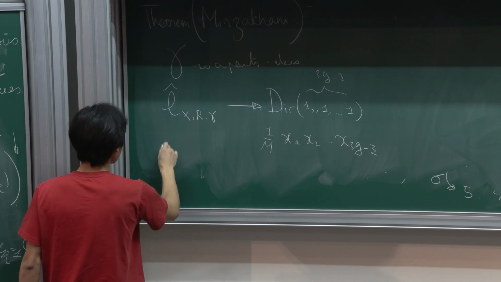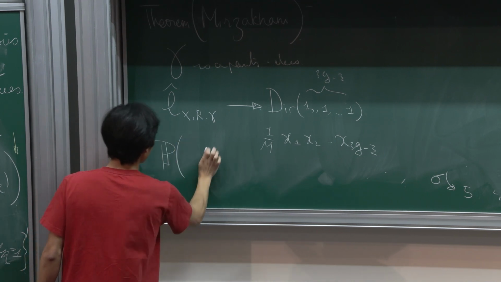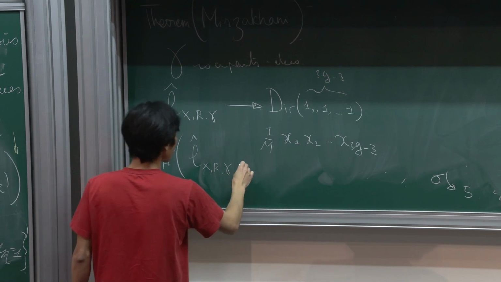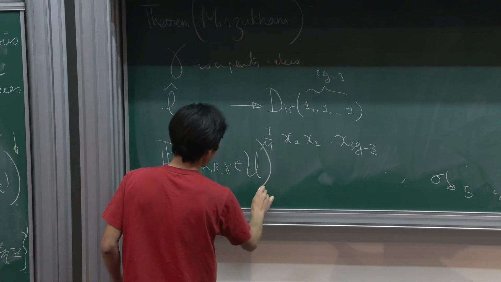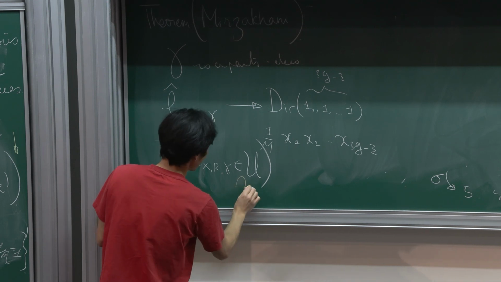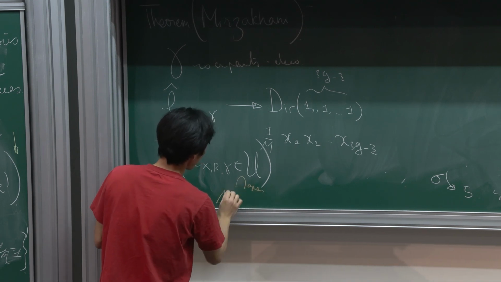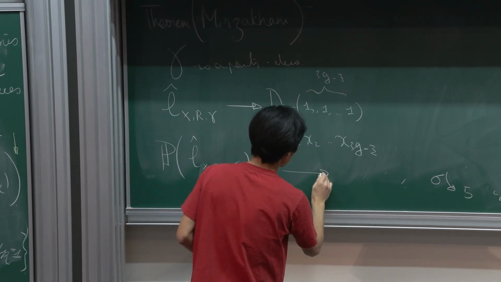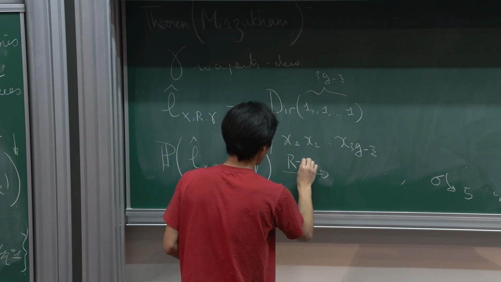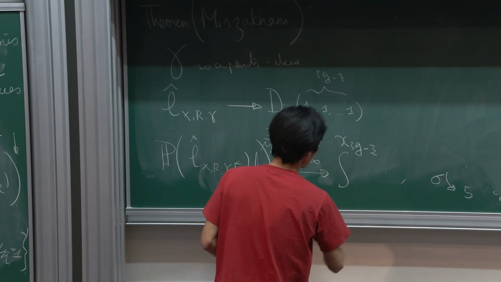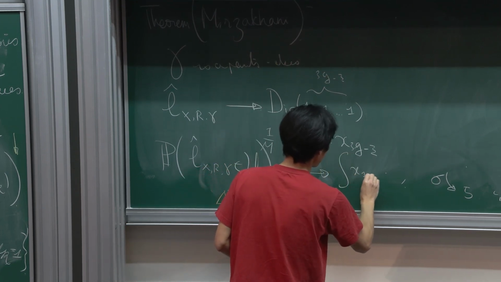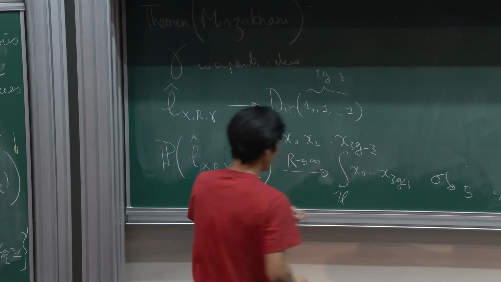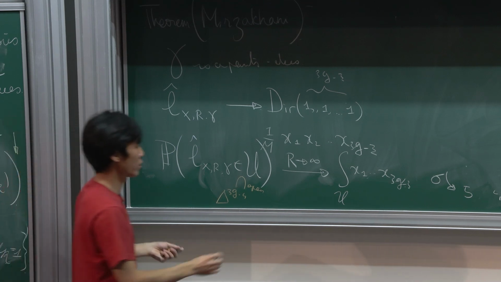It means that if you ask for the probability of finding this random variable in some open set of your simplex, this probability will converge to the integral of this monomial over this set, with some normalizing constants.